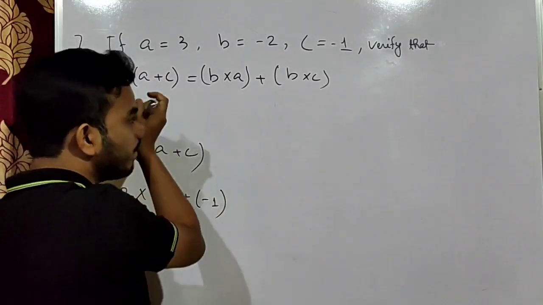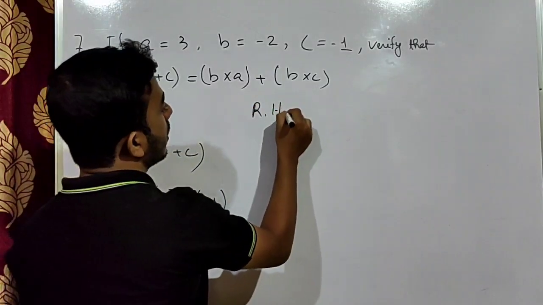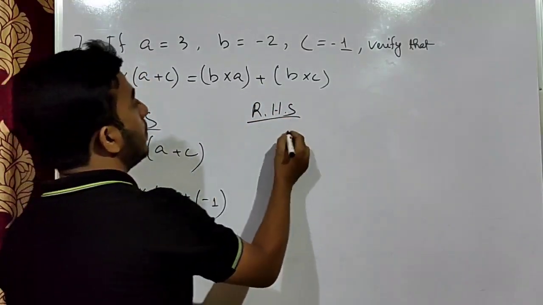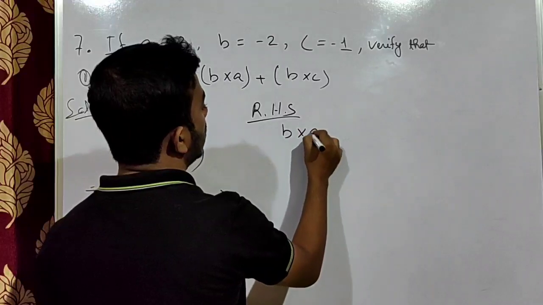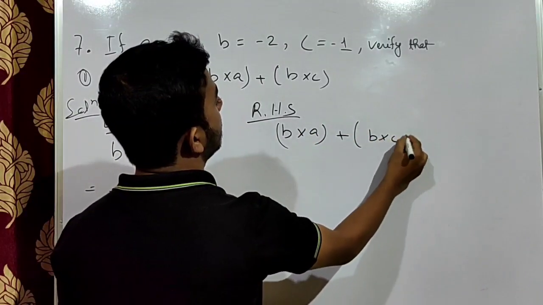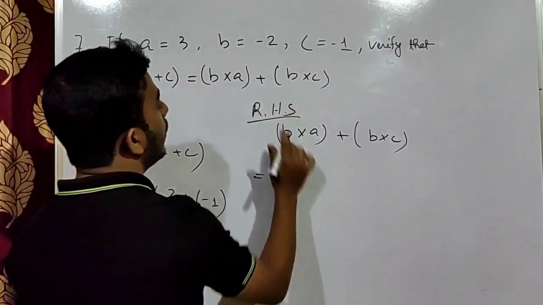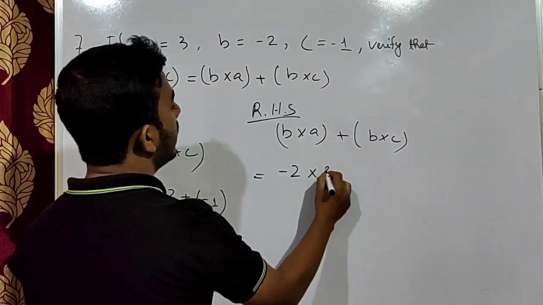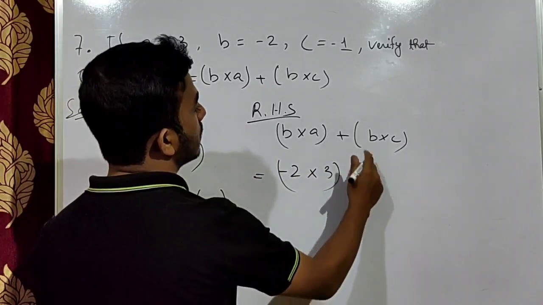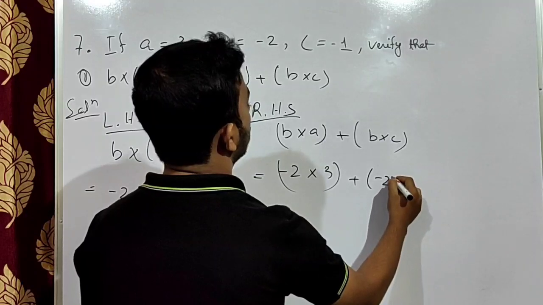Okay. Now RHS. Now B into A, BA. Now B into C, BC. Now B into A, the value of B is what? Minus 2, the value of A is 3, then plus B, the value of B is what? Minus 2, isn't it?